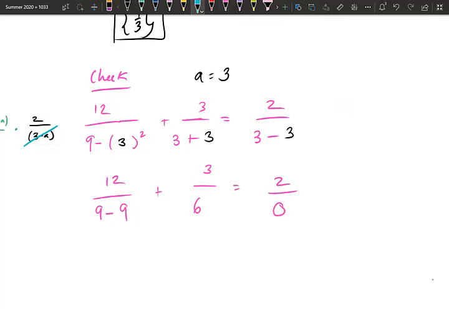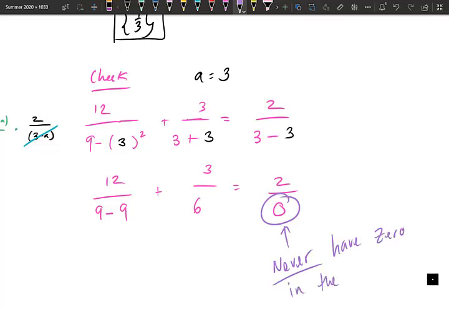That's weird. We don't even need to keep going. Why? That one right there. You can never, ever have 0 in the denominator. Why? Because it's impossible. I will tell you what happens when dividing by 0.